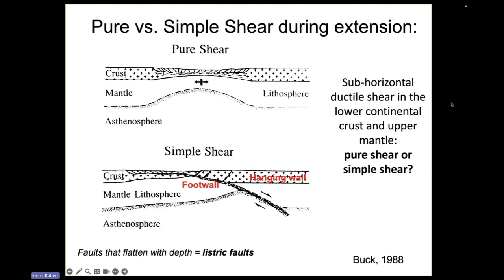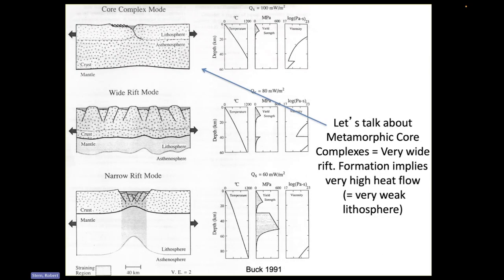And to talk about core complexes, we introduced the idea of the listric fault. We talked about these narrow rifts and wide rifts, and then the core complex model. And this has got to do with the extremely high temperature and low strength of this lithosphere.